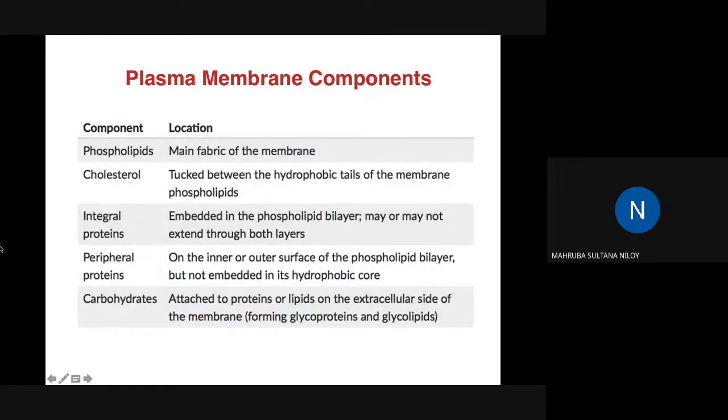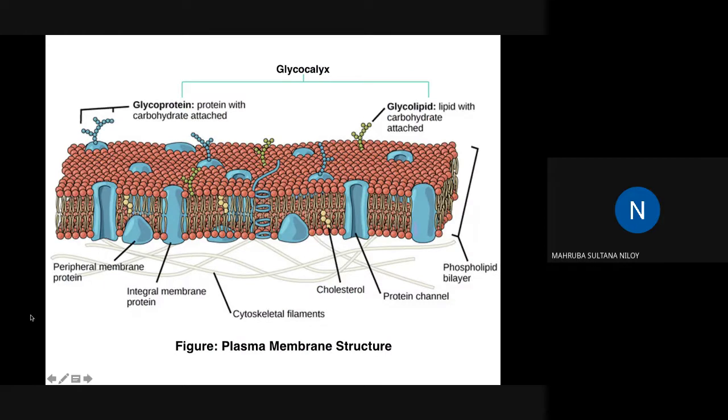So here are the plasma membrane components. We already discussed phospholipid, cholesterol, integral protein and peripheral protein, right? But we didn't talk about carbohydrates. So how are carbohydrates present in the plasma membrane? They are in conjugated form.